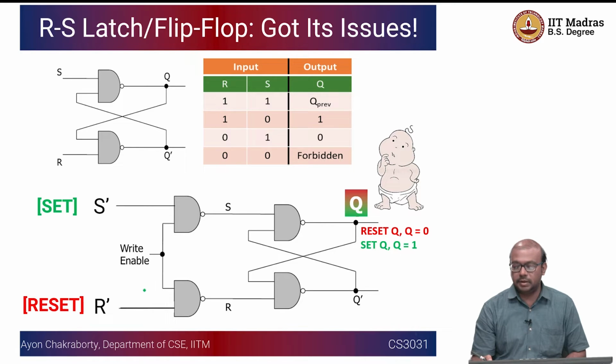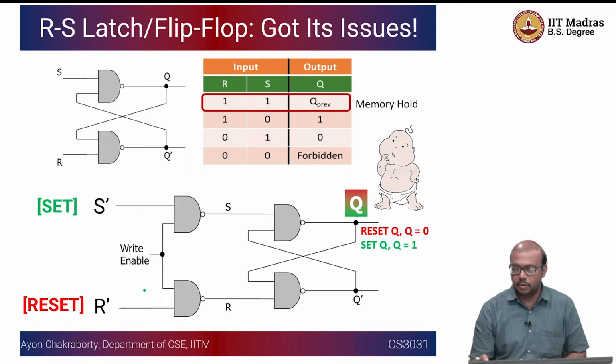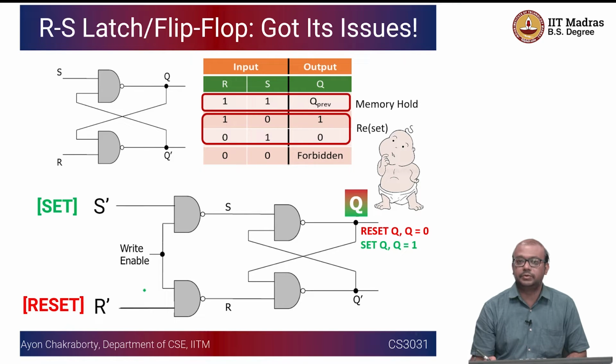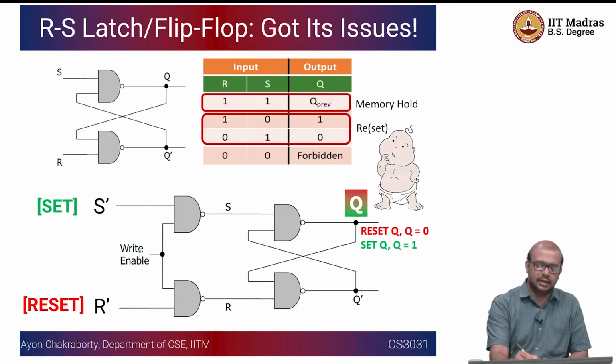The 1-1 combination is memory hold, just for your revision. 1-0 or 0-1 is used for setting or resetting the circuit, but 0-0 is the forbidden state, which was not allowed in an SR latch. This is the same as the SR latch, just with an extra write enable, so don't worry about it.